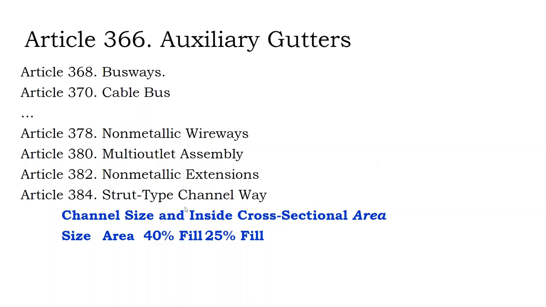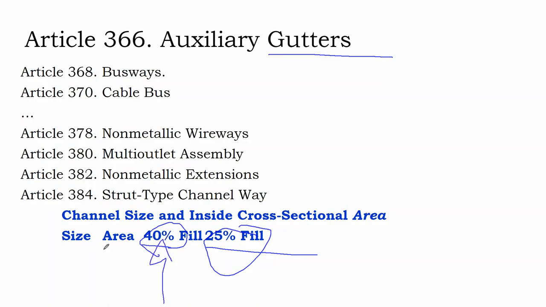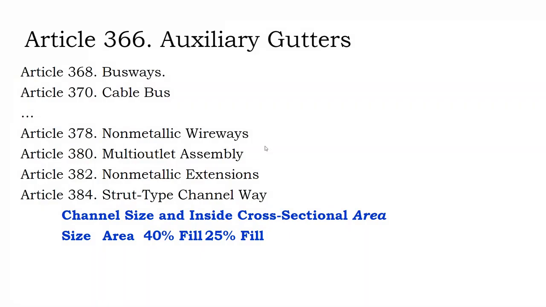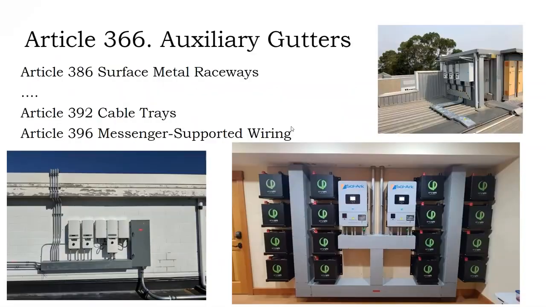The gutters still have fill limits: 25% conductor fill and 40% or 40% conductor fill and 75% cross-sectional area fill. I think this is staying away from the edge. What do these look like? All right, some pictures.